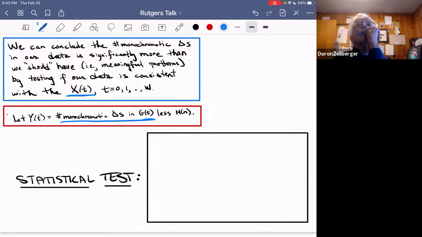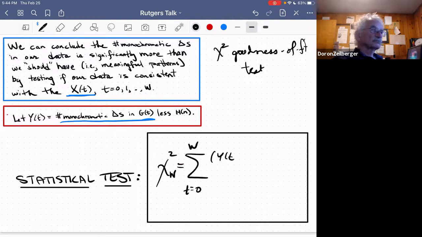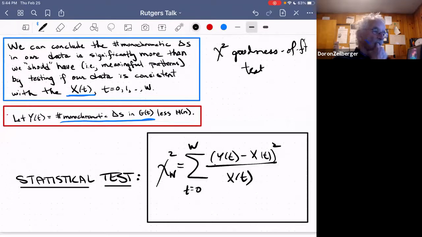So this is a chi-squared goodness of fit test. And so the test statistic is chi-squared with W degrees of freedom. And we can write down what that is. And so we can then apply the typical hypothesis test standards that we would use.